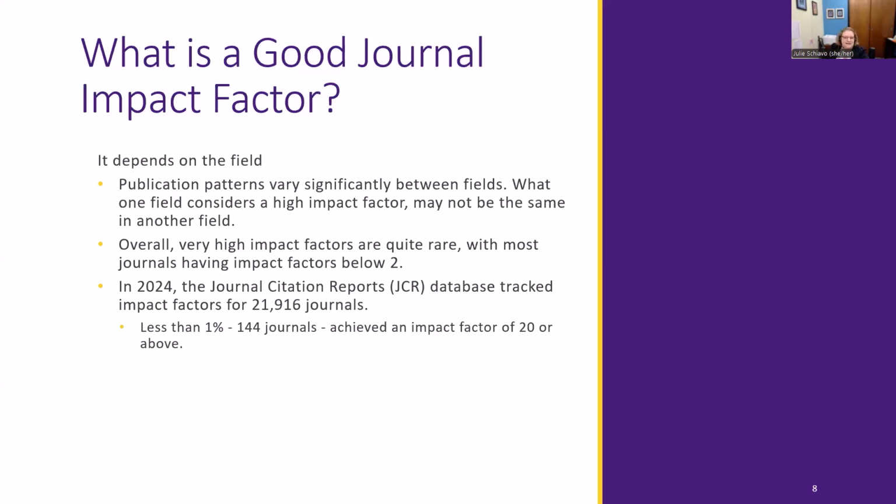In fact, less than 1% of all of the journals that are cited in Journal Citation Reports have an impact factor of 20 or above. So it's very rare that you'll get one any higher than a 2 or 3.